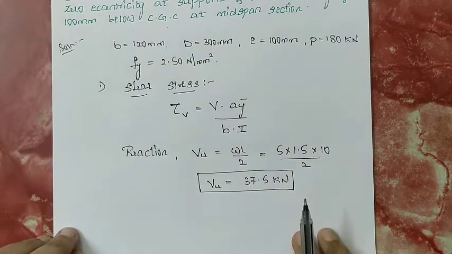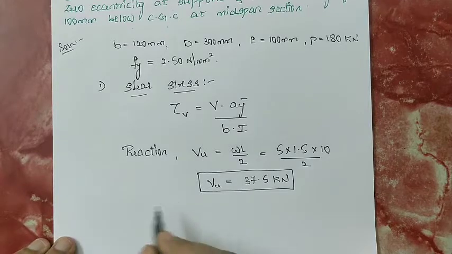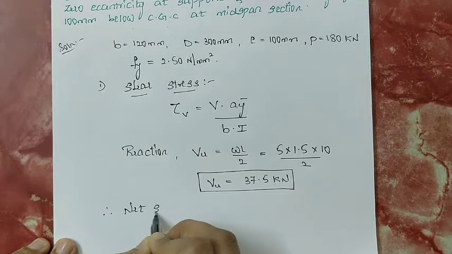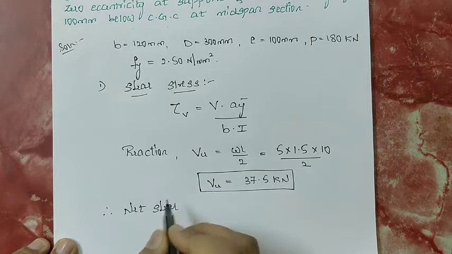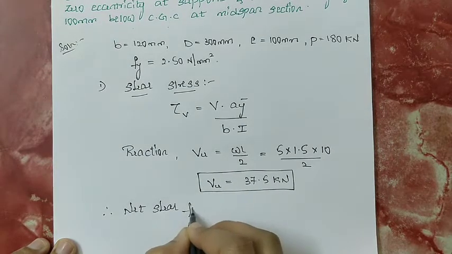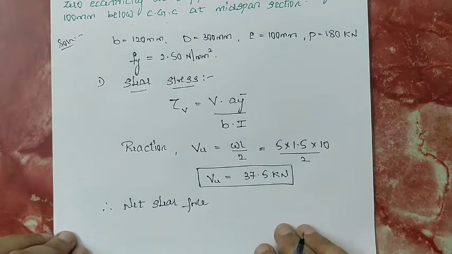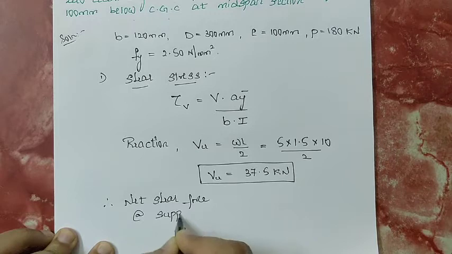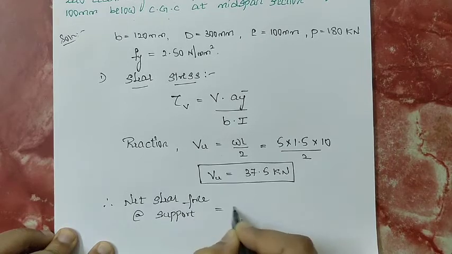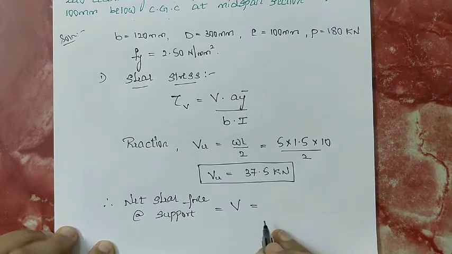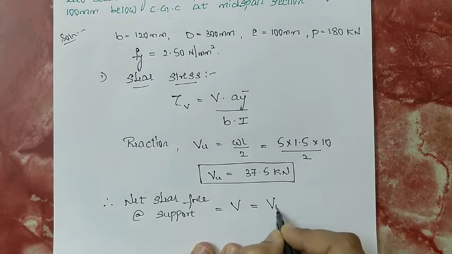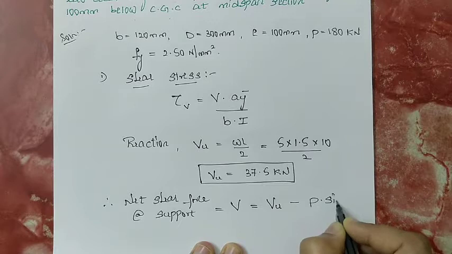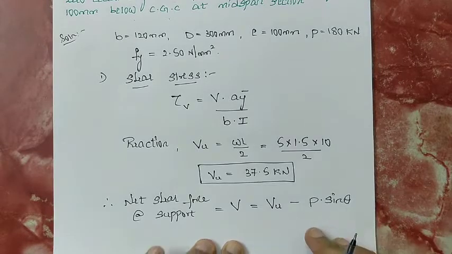Okay, once you calculate that is the reaction, you calculate net shear at the support. Net shear force, net shear force at support, it is denoted by capital V, that will be equal to ultimate shear force minus P into sin theta.